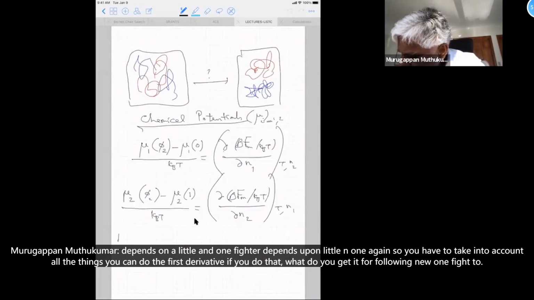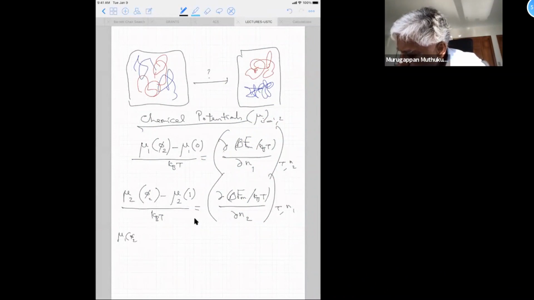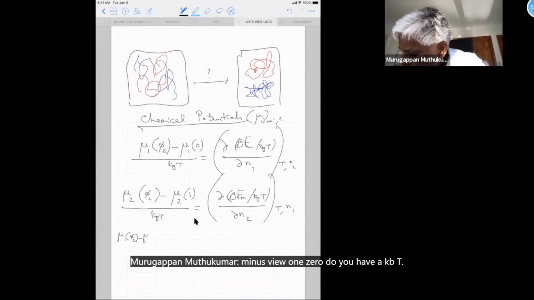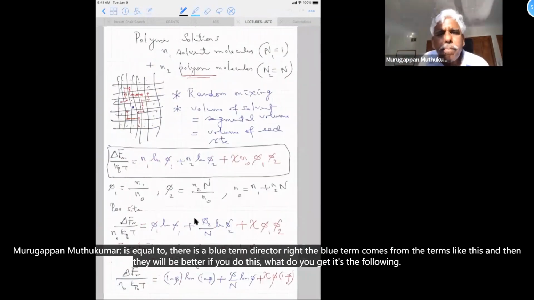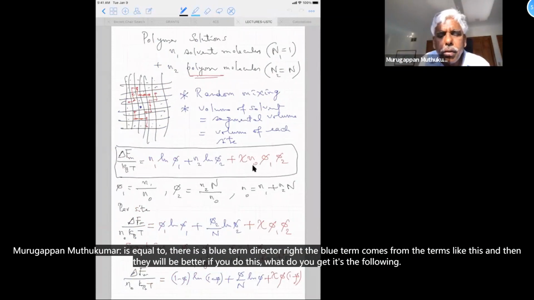If you can do the first derivative, what you get is the following. Mu1 at phi2 minus mu1 at 0, divided by kBT, is equal to, there is a blue term and a red term. The blue term comes from terms like this, and then there will be a red term.